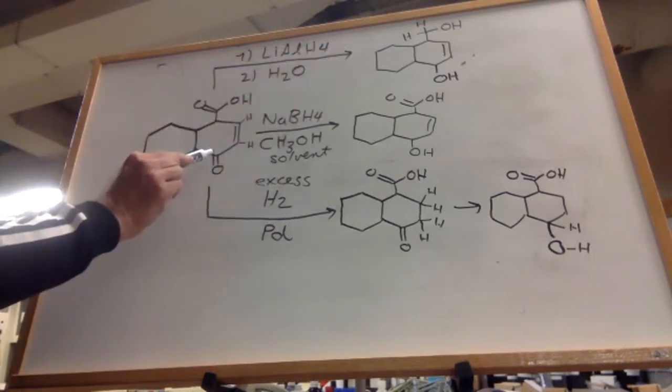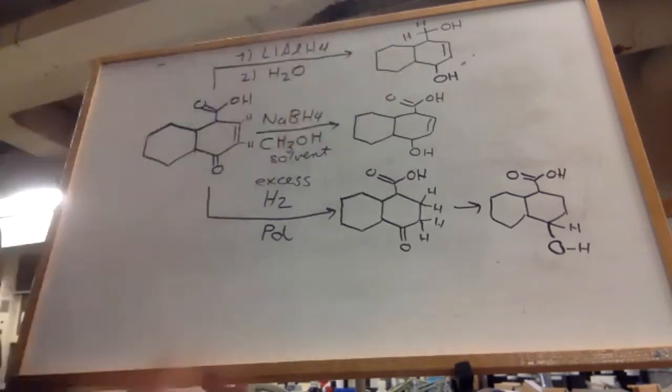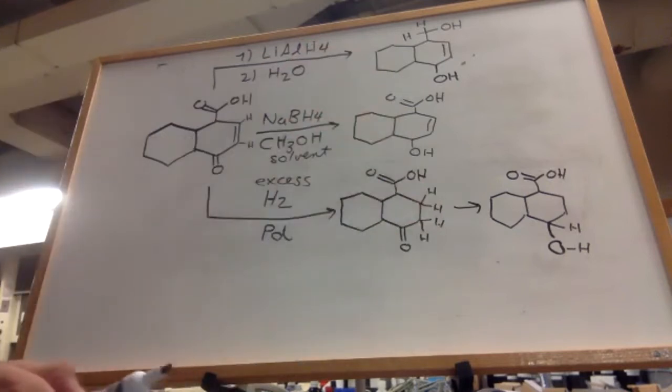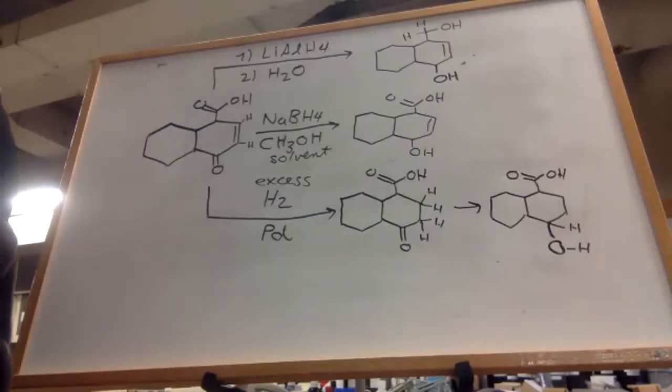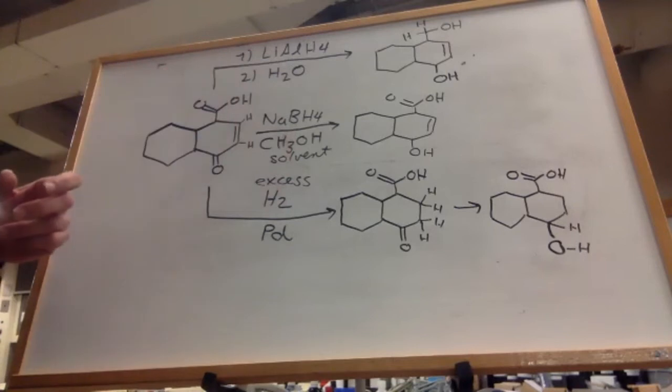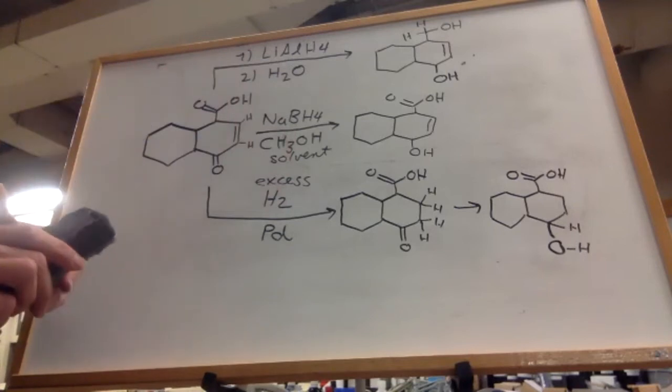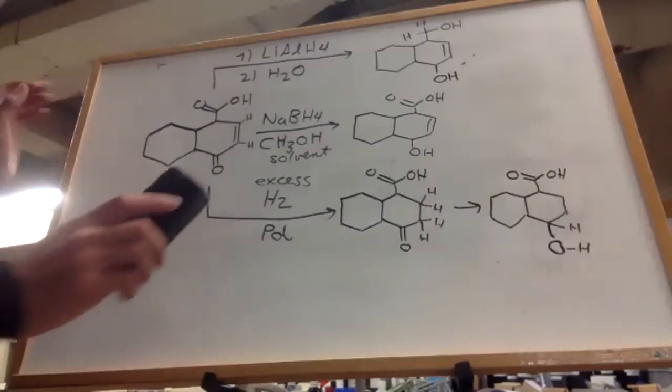It starts life with 0 bonds to hydrogen. Now in the product, it has 1. So we see here that we get 3 different substances depending on what the reducing agent is. Okay, so that's just a sample problem showing how the different reducing agents have different effects.